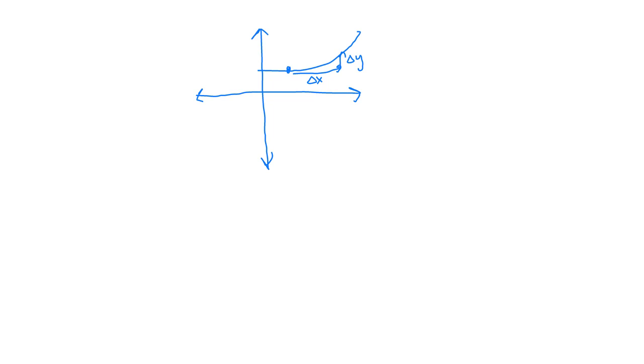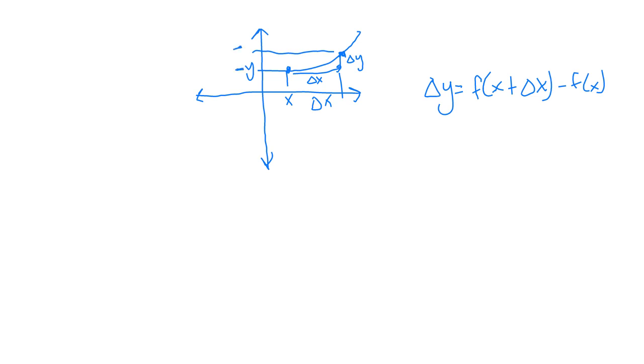So if this is our start point and this is our end point, that shows our difference in y. So we can have a delta y which is equal to f of x plus delta x minus f of x. Essentially, this y is our f of x, and this is our new function value as we move up. And that's what delta y is.